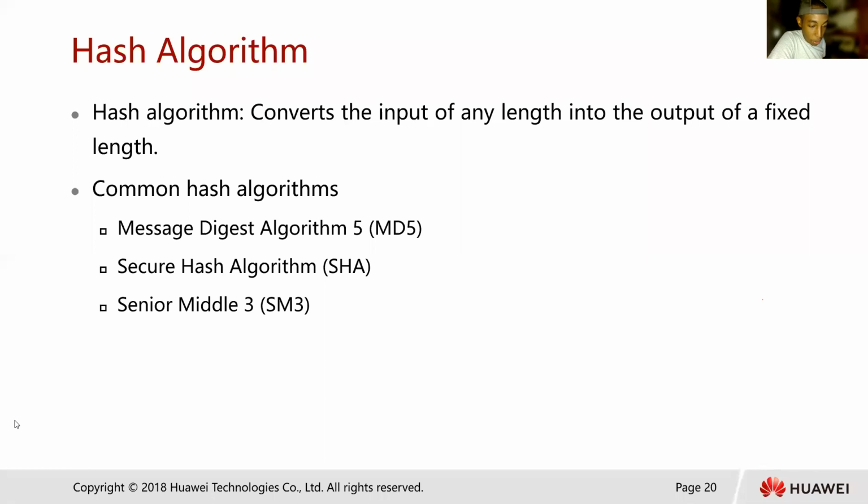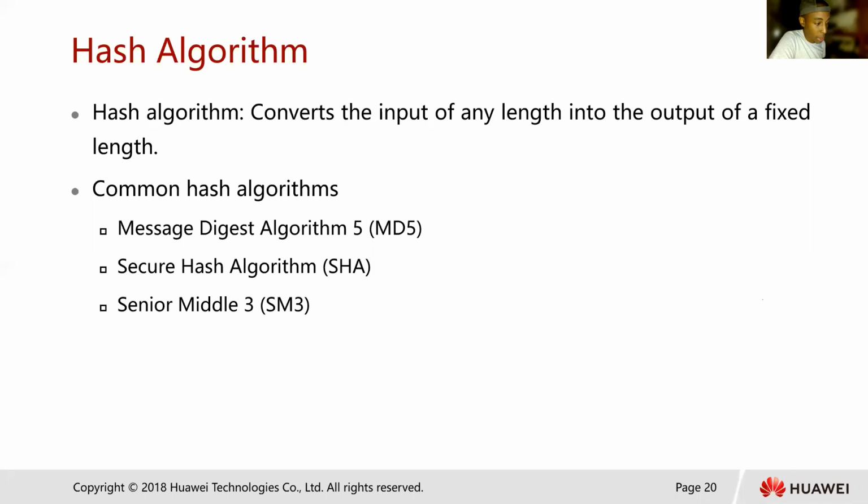So SM3 is a commercial algorithm, which was compiled by China's National Password Administration. It has a longer key than SHA-1, and it is very difficult to crack, and therefore a bit more secure.